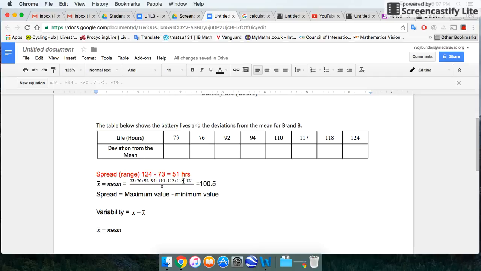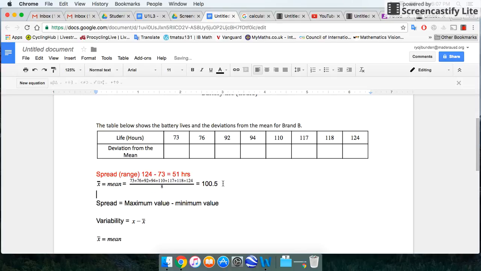So the mean is 105, or sorry, 100.5. Okay, next, we're going to calculate the variability.